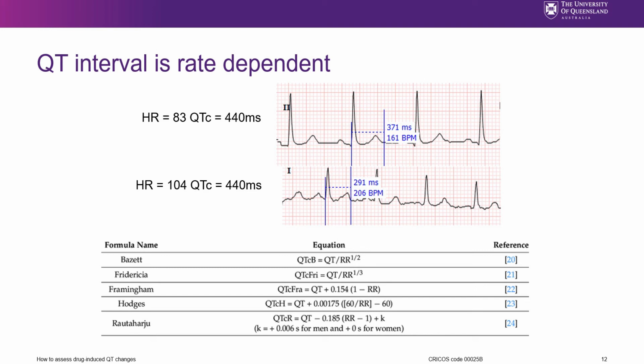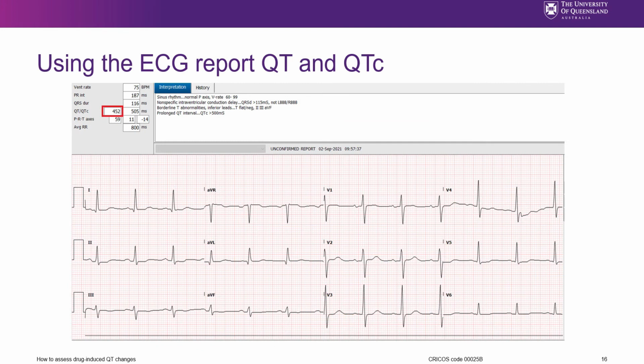The second important factor to consider is the reliability of the QT value on the ECG reports. The ECG machines automatically measure the QT interval and conveniently give us this value displayed either on a paper or digital report. Unfortunately, we can't rely on this value. The machines typically overestimate the QT interval and on occasion can have some difficulties identifying the end of the T wave.